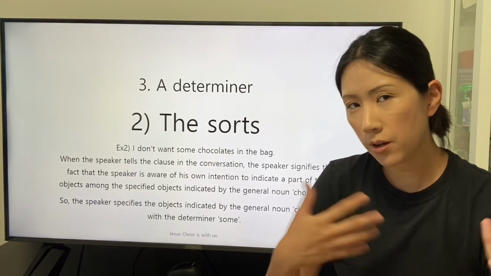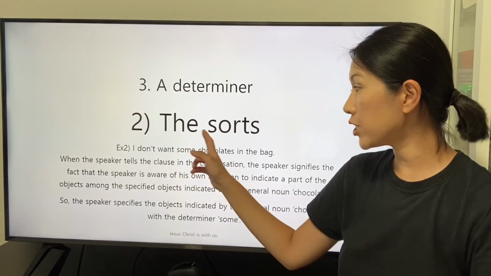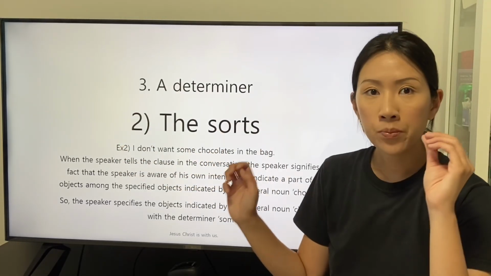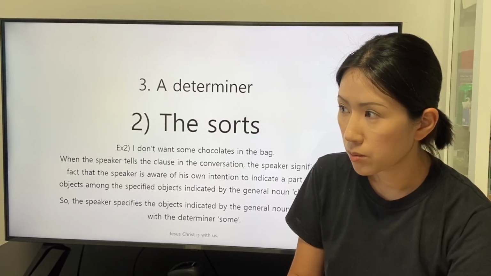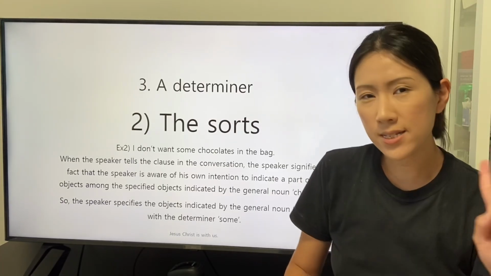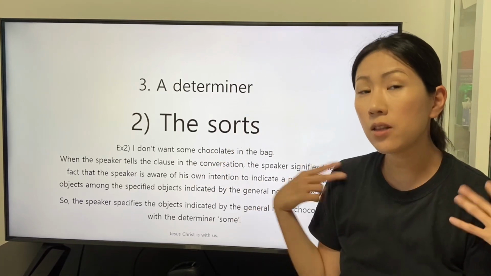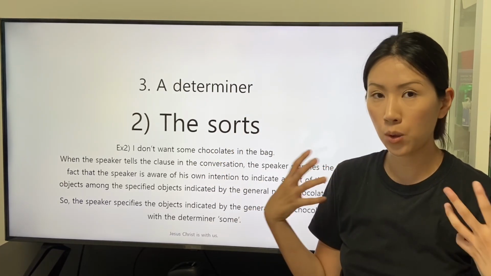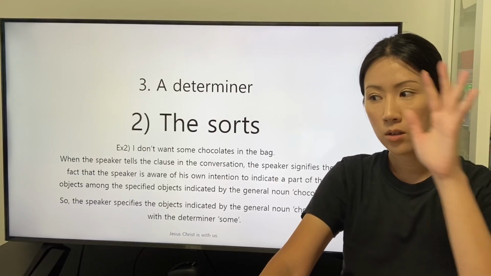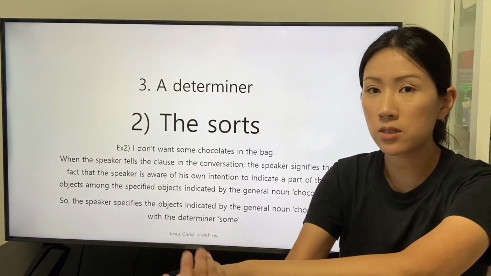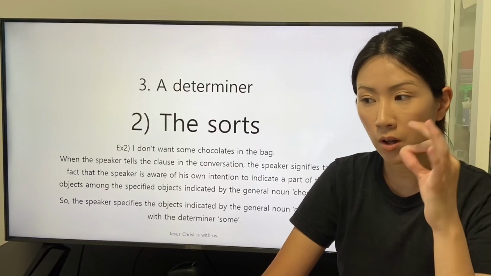And we can also think of this clause. I don't want any chocolates in the bag. This clause may tell us that the speaker indicates the overall chocolate as the unspecified range of the object.